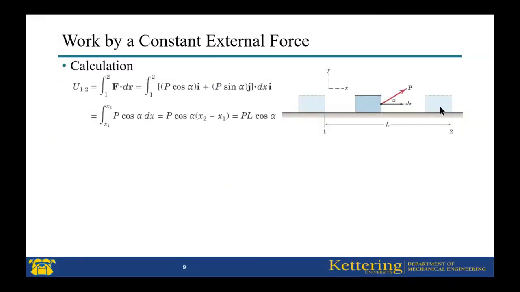Now, this constant external force is P. If we want to find the work done from state 1 to state 2, or from position 1 to position 2, we use the equation F dot dr. If I write F in terms of components, these are the components of P along the x and y directions.